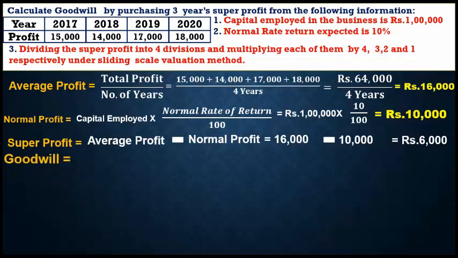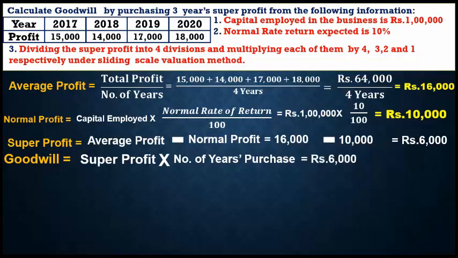Okay, now under the super profit method, goodwill is equal to super profit into number of years purchase. Now solve this one. Super profit we have just calculated here, 6,000, into number of years purchase.